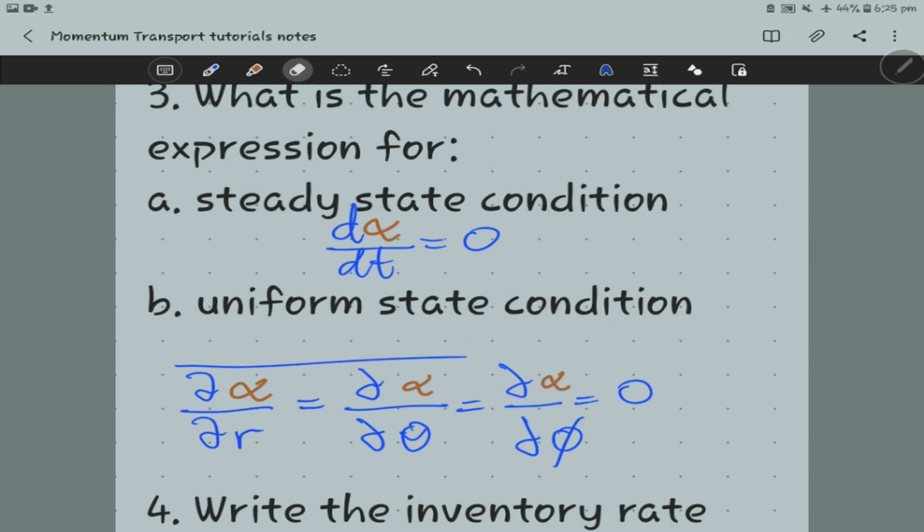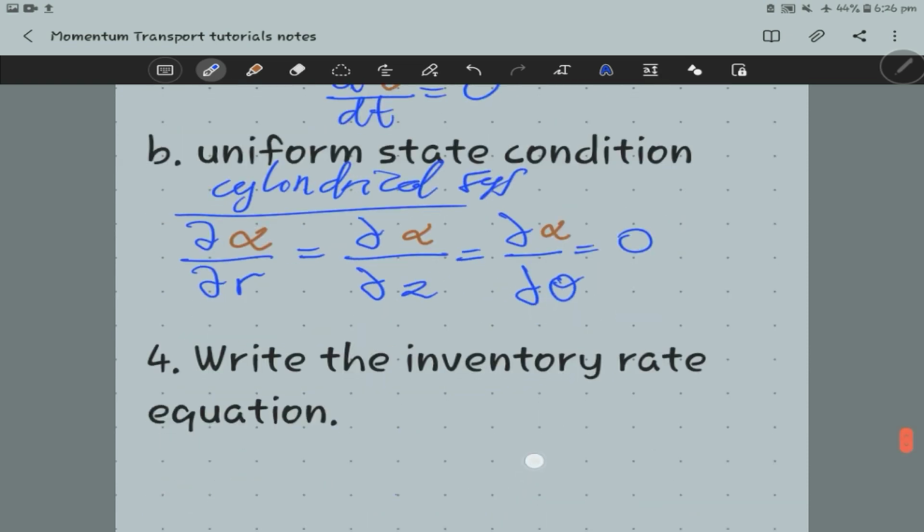So this one will be for spherical, and if we have a cylindrical coordinate system, then we have here r, we have here z, and we have here an angle, let's say theta, right?